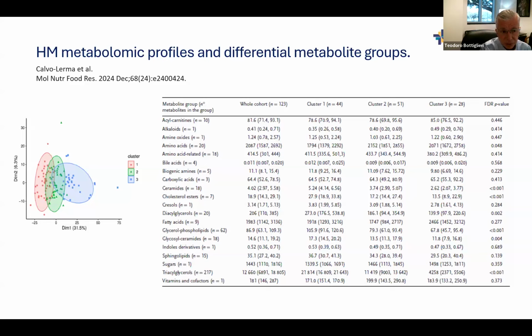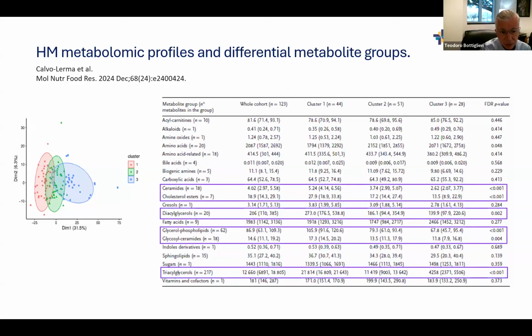But we could actually see three different clusters that were really quite well defined. And what we see here is that the triglycerols were really quite affected. It was much lower in cluster 3, and this was by far one of the biggest impacts on differences in the clusters.